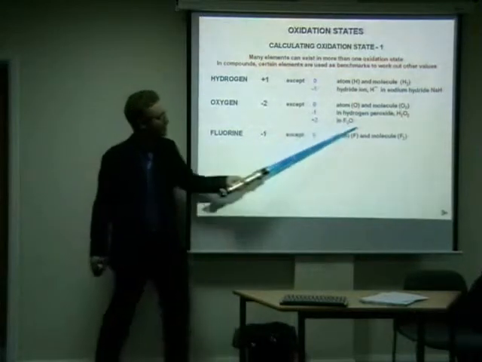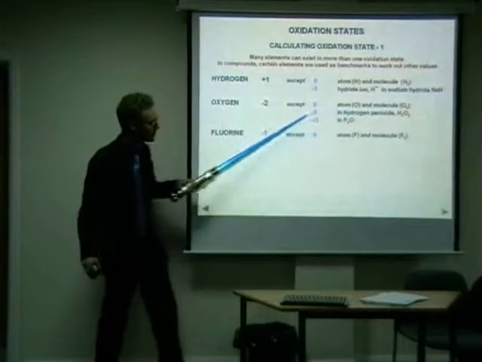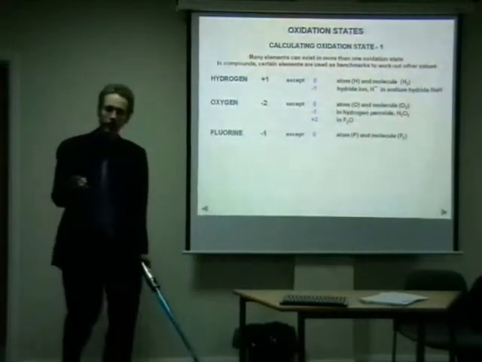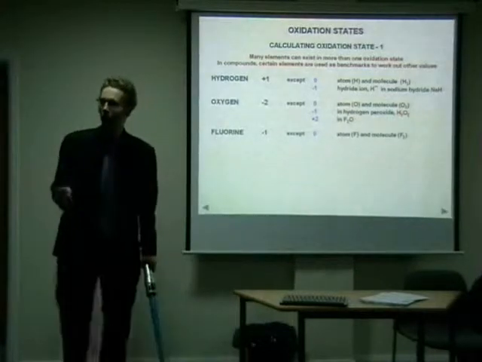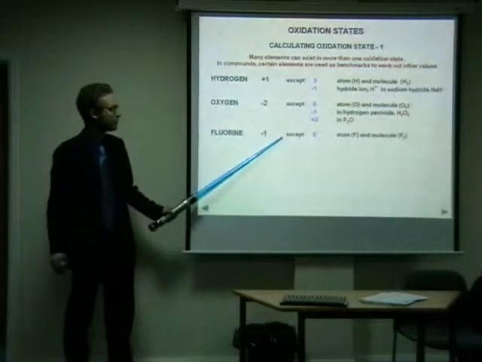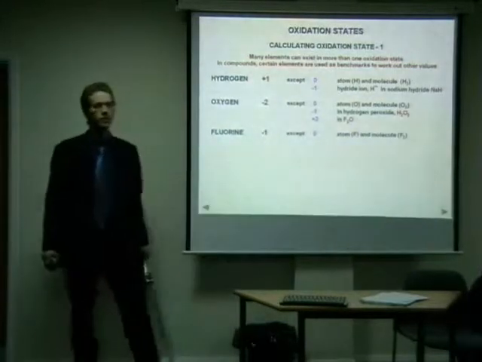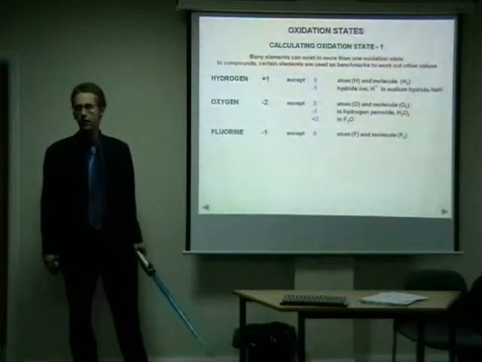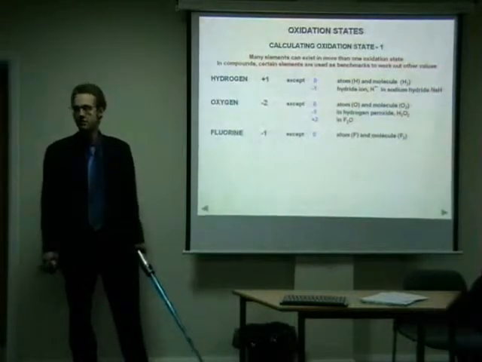It is exceptionally unlikely you will get examined on this, but should you, you need to know that. So, oxygen, -2, apart from in a peroxide or when combined with fluorine. Fluorine, -1, apart from when it's in a molecule with itself. Doesn't do any positive ones. Fluorine is Mr. Electronegative, it's Mr. Minus, therefore.